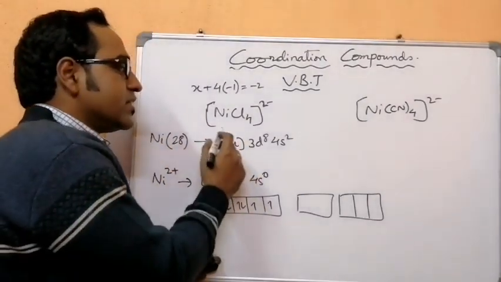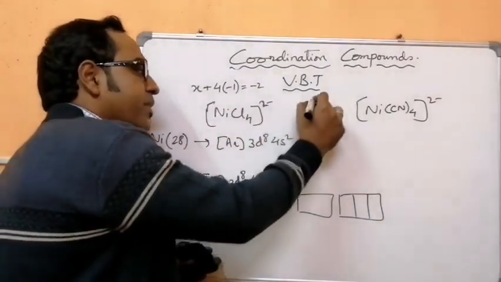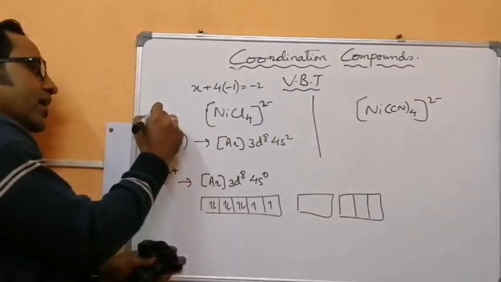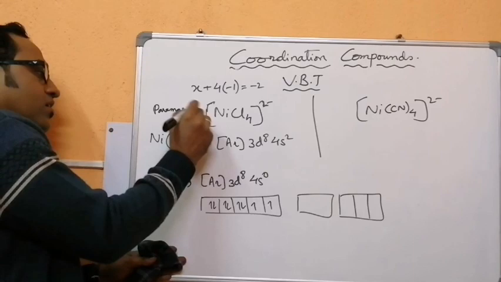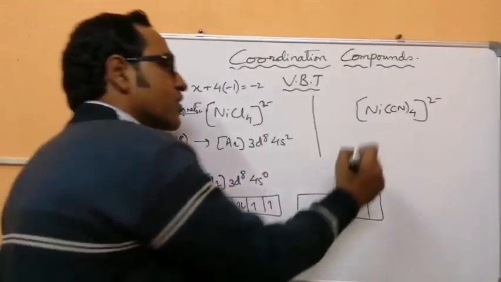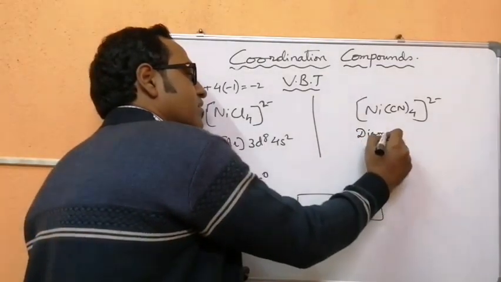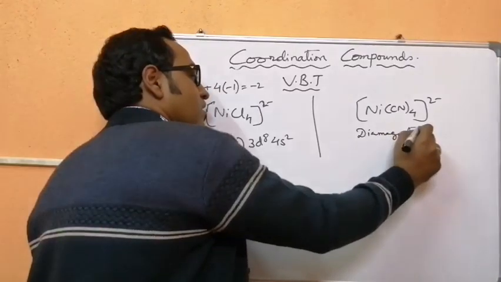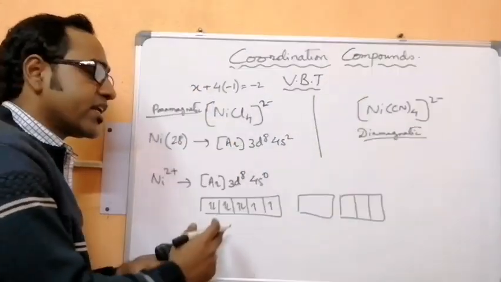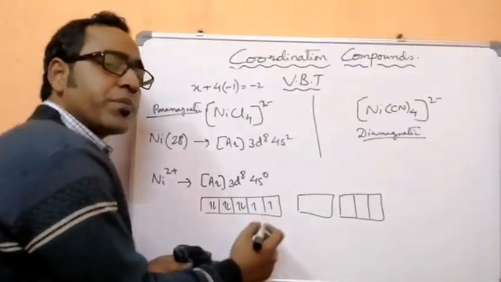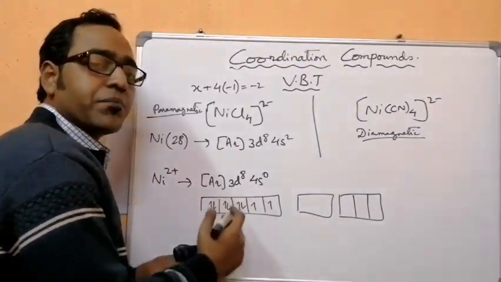Now since nickel tetrachloride is paramagnetic, and this one is diamagnetic. Since it is paramagnetic, it should contain unpaired electrons. Now it has 2 unpaired electrons, so we will not pair them up.